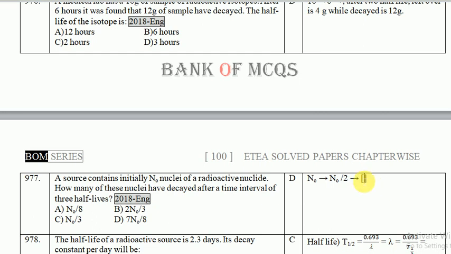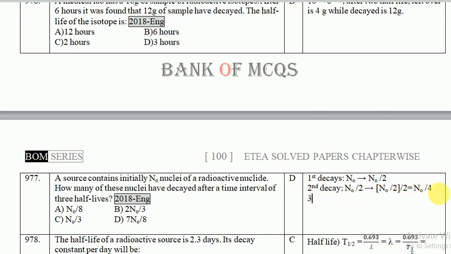They have asked for an interval of 3 half-lives. Little explanation for you: in the first decay, the N naught becomes half, and in the second decay, the resultant of the first decay is again reduced to half. So N naught by 2 divided by 2 is equal to N naught by 4.